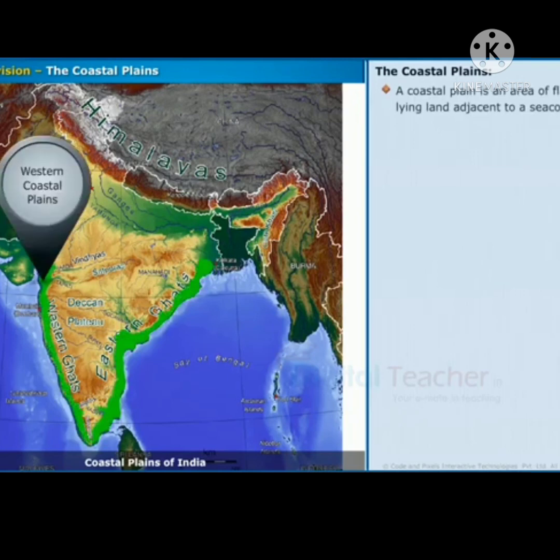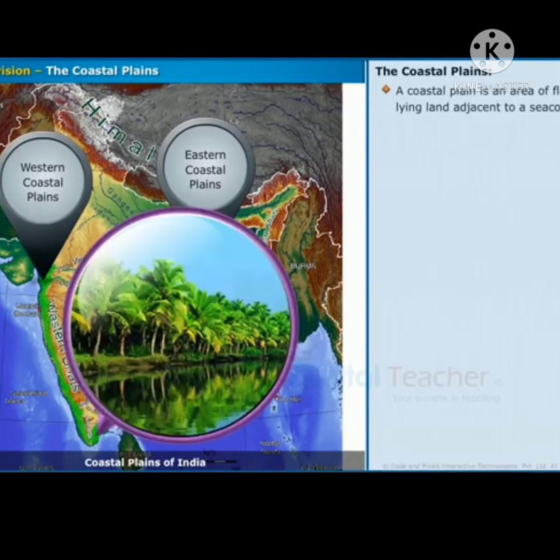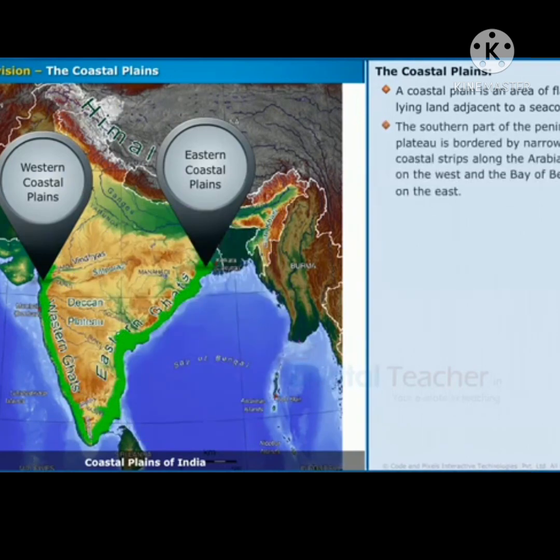A coastal plain is an area of flat, low-lying land adjacent to a sea coast. The southern part of the Peninsular Plateau is bordered by narrow coastal strips along the Arabian Sea on the west and the Bay of Bengal on the east.